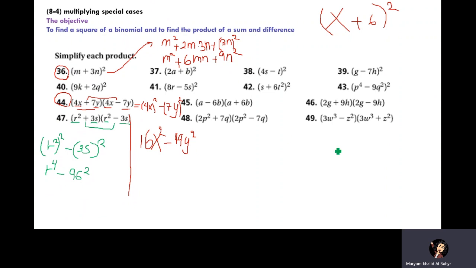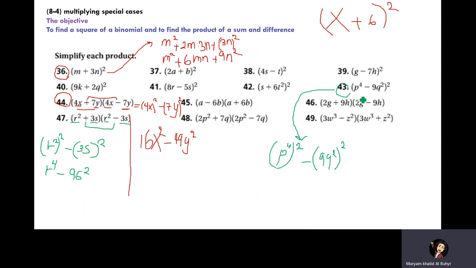That's the idea. Now I'm going to do also with you 43. I'm going to solve it here. So that will be p4, all this to the power 2 minus 9q2, all this to the power 2.